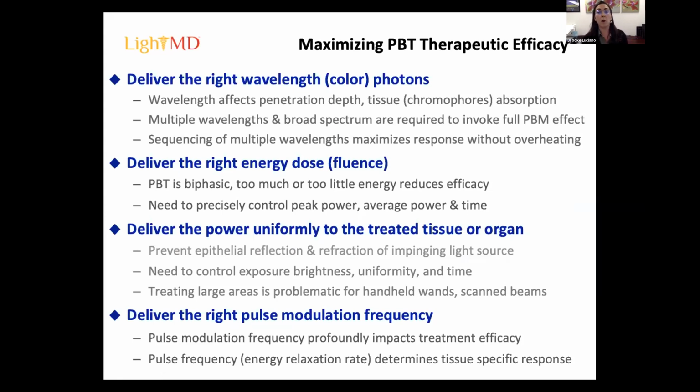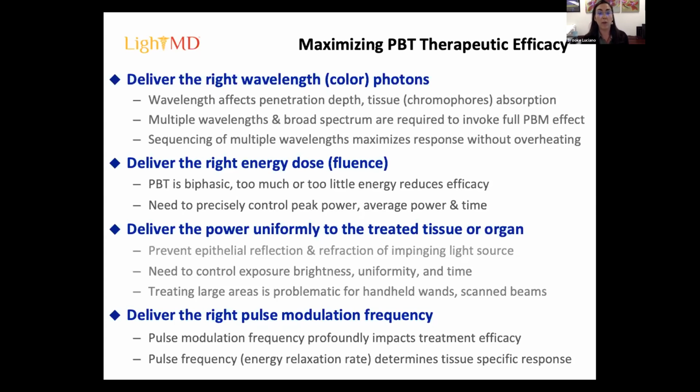So for example, for red, instead of just 660, you're using almost the whole 600 to 700 wavelength range, not exactly, but close, and also in the infrared spectrum. By using multiple wavelengths in a broad spectrum, you can invoke the full PBM effect without overheating.